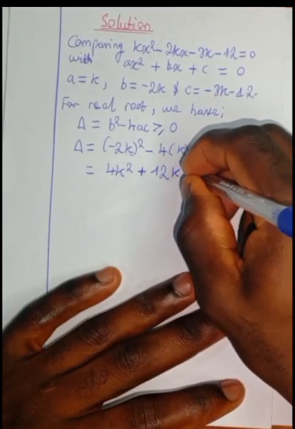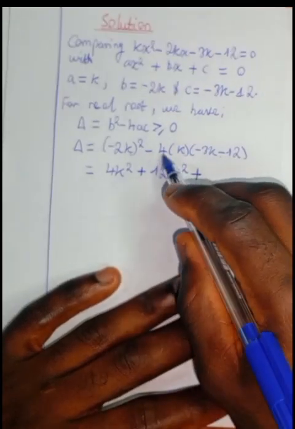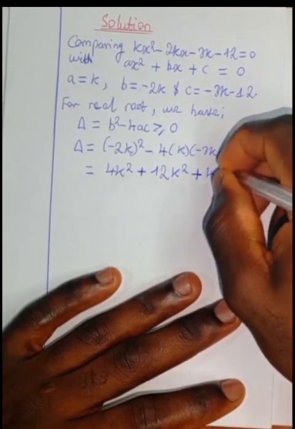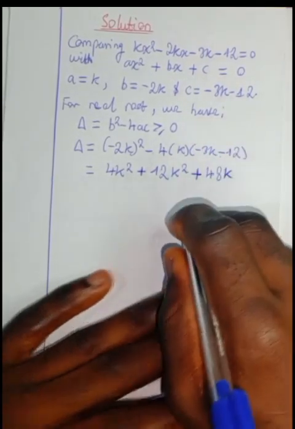Negative becomes positive, 4 times 12 gives us 48, and we attach k.